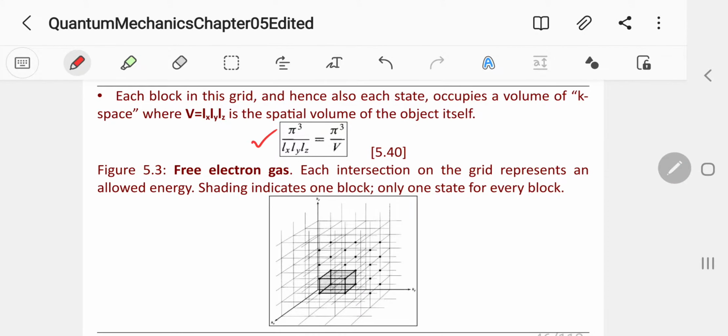So you have this. The shaded region indicates a block of a single state, or a single particle in a particular state in k space.